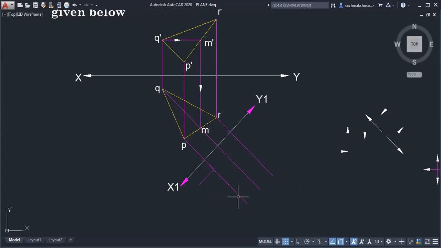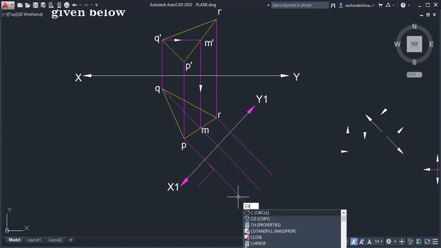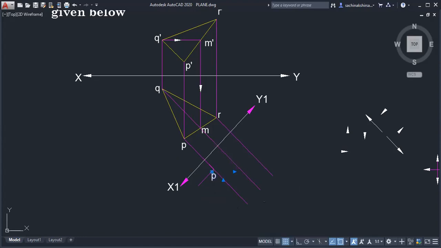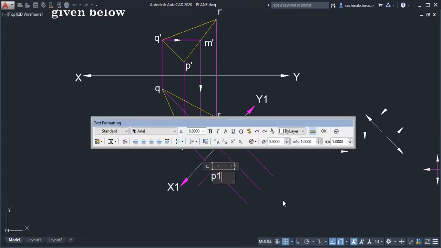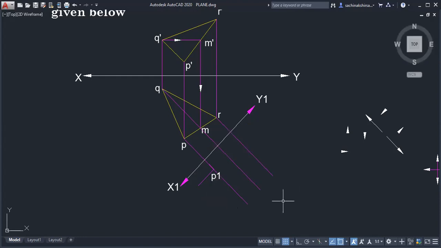It will come somewhere. I will give the name P1. Okay, so I will name it the P1 point. For my purpose, I have extended outside to know where it is, because I don't know where it will be.